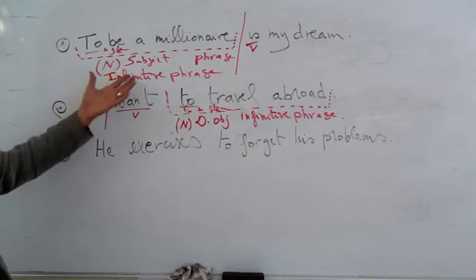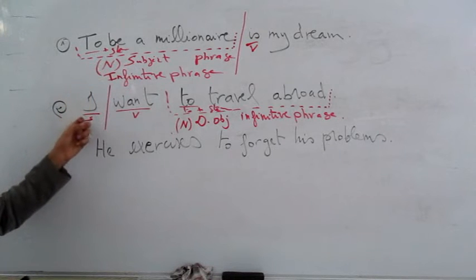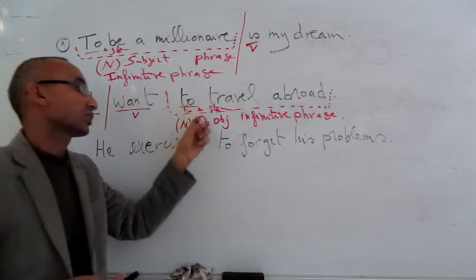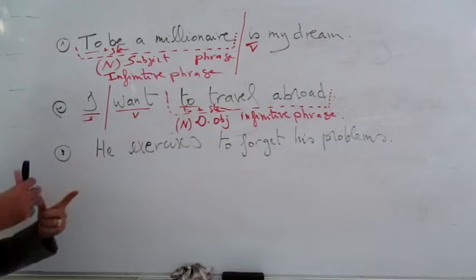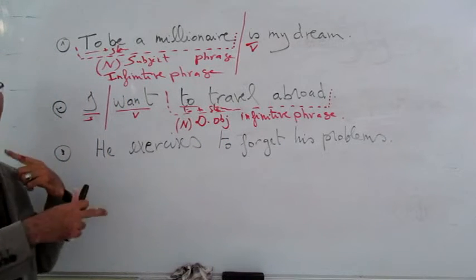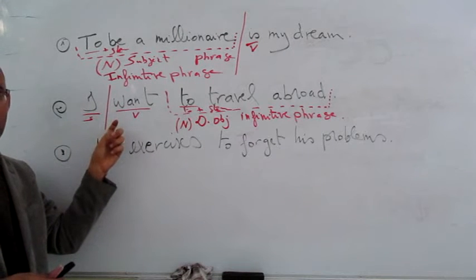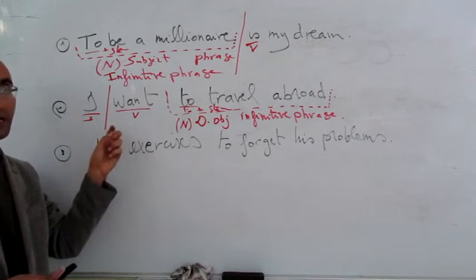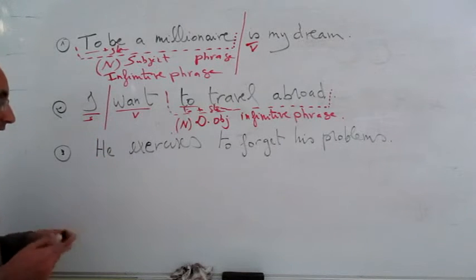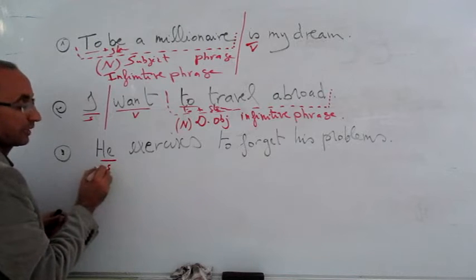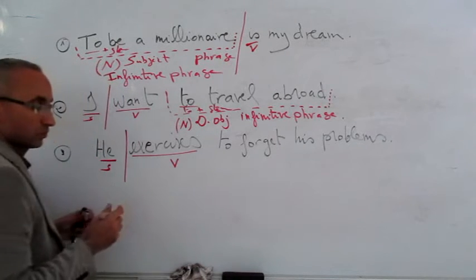So in the first example, it acts as a subject. Second example, it acts as a direct object. But still, in the third example, we'll discover that this type of phrase can also play more roles than only a noun. He is my subject. Exercises is my verb. Why?